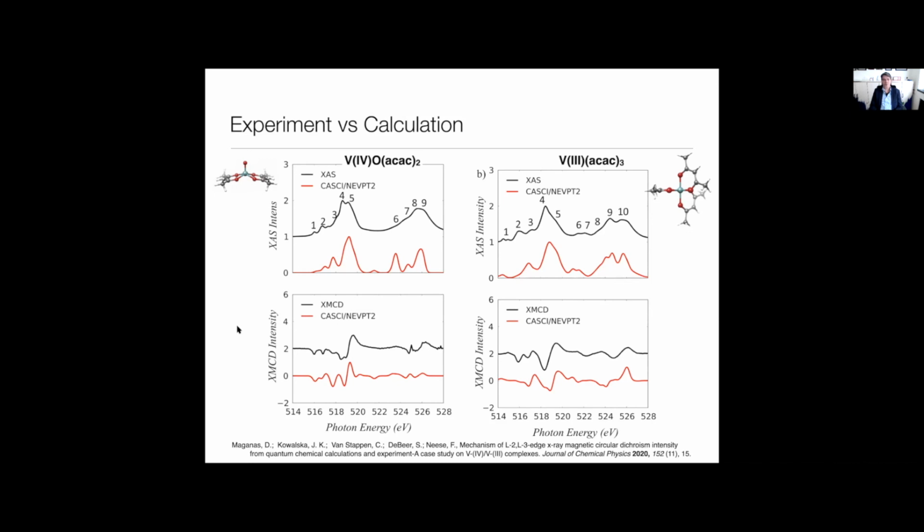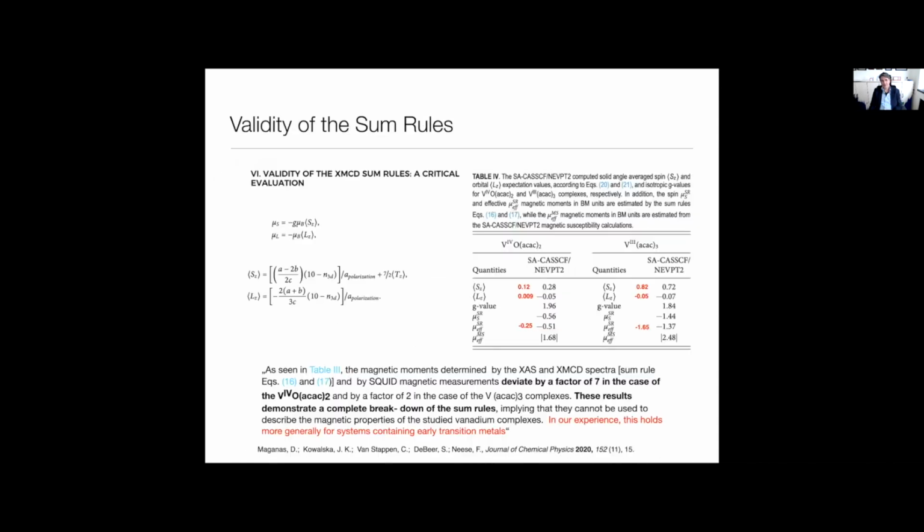And so that already proves that there is a nice, accurate, usable theoretical tool to calculate XMCD spectra. In the process of the paper, we have revisited something that I understand is very prominent in the XMCD field, and that is the validity of the sum rules, where from the experimental spectra, under a number of assumptions, expectation values for the spin and orbital magnetic moments can be derived.